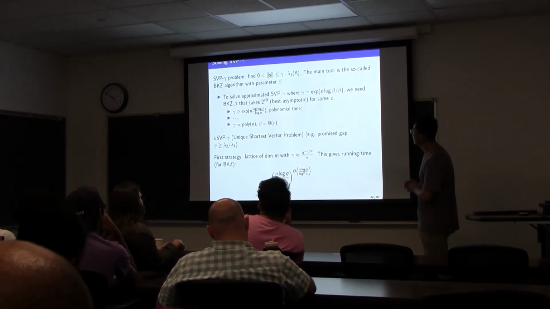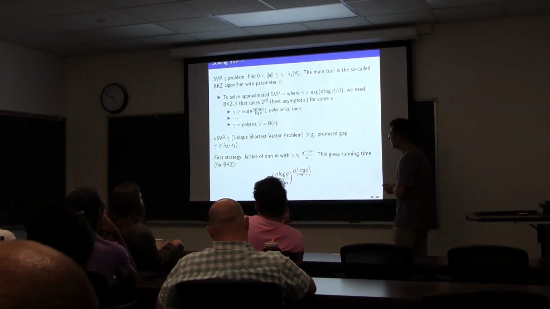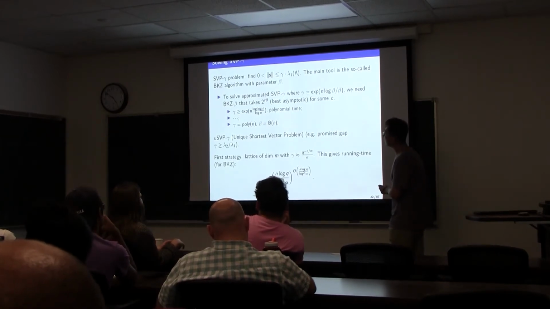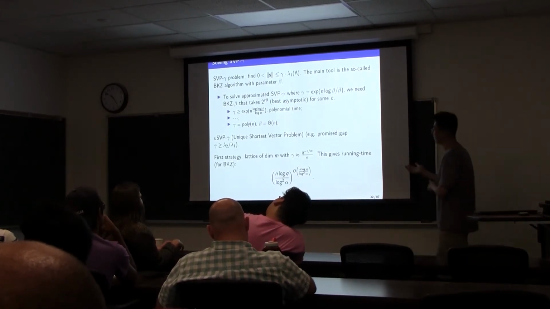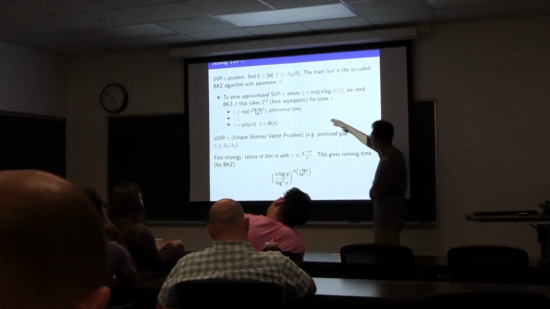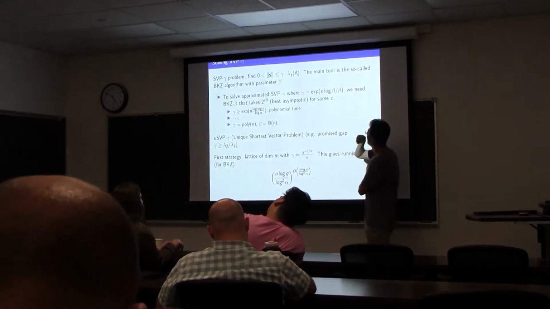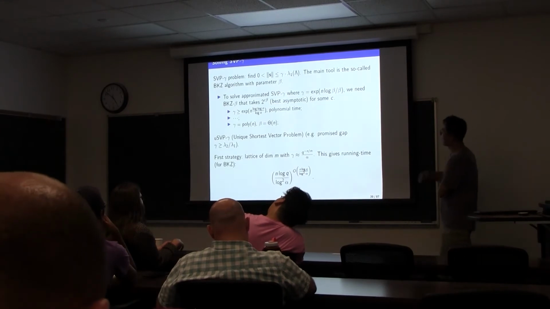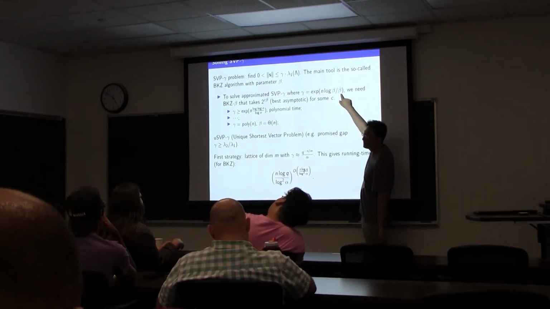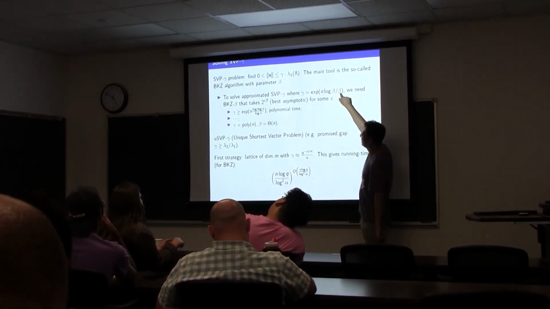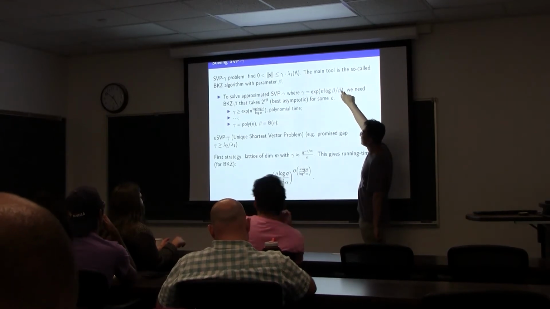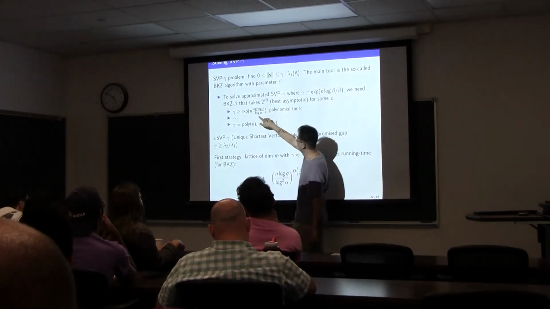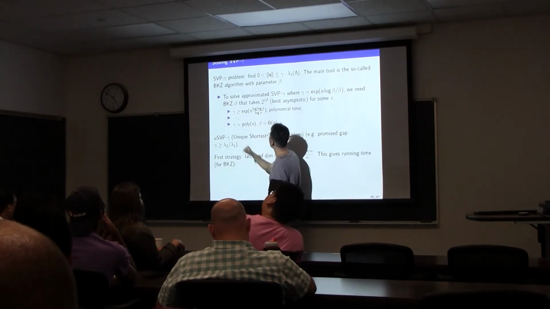And this is a short summary of the solvers we have. To solve this approximate SVP gamma problem, where gamma is n log beta over beta, where beta is reflected from the algorithm for solving them. So it's a parameter to the algorithm.